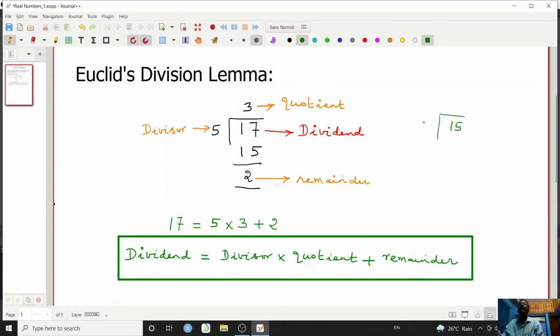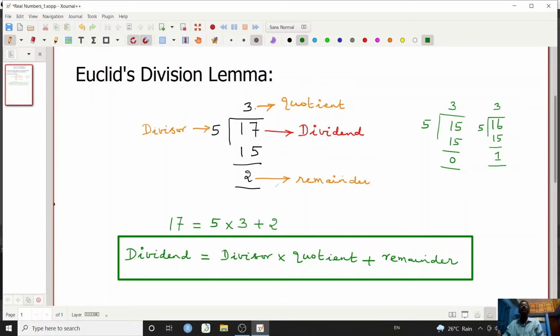Had we divided it by 5, we would have got 3 as the quotient, and the remainder would be 0. What if I put 16 in place of 15 and divide it by 5? Again I would get 3 as the quotient, and the remainder would be 1.